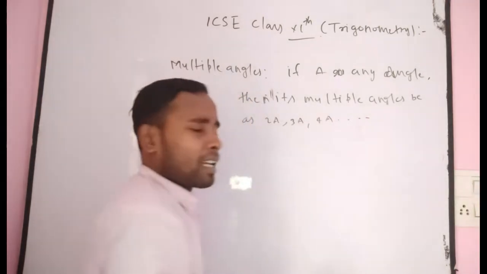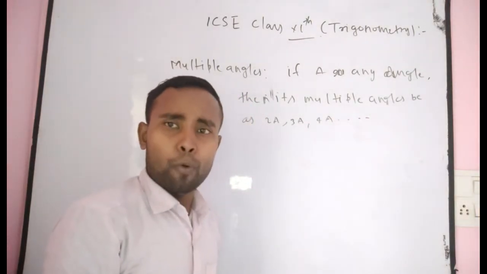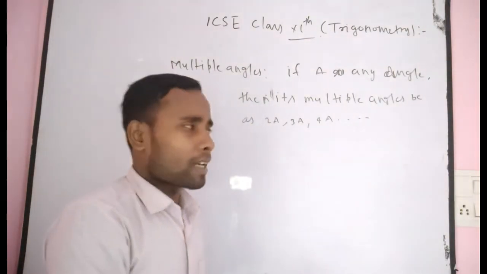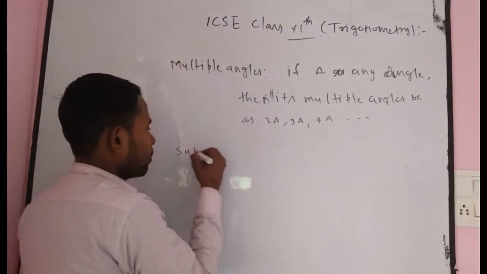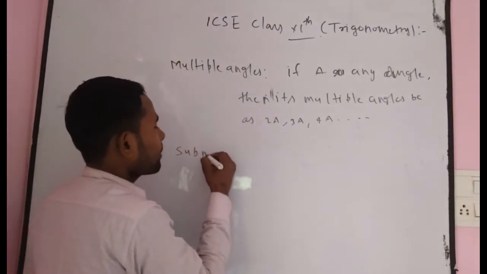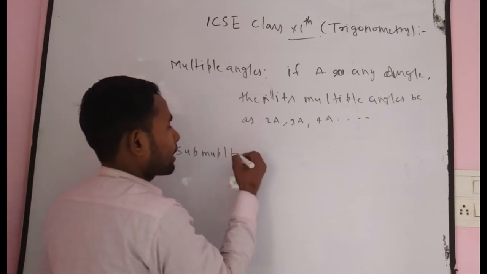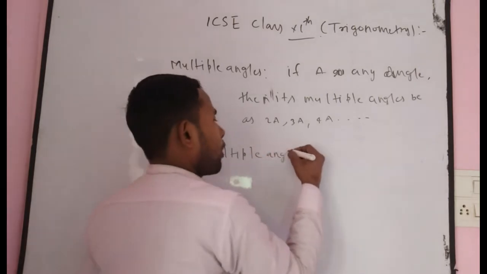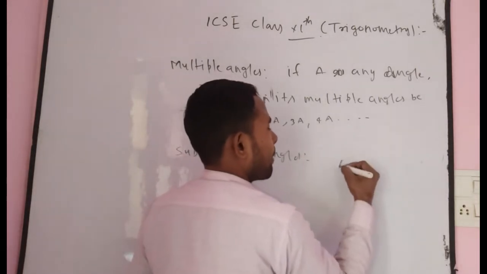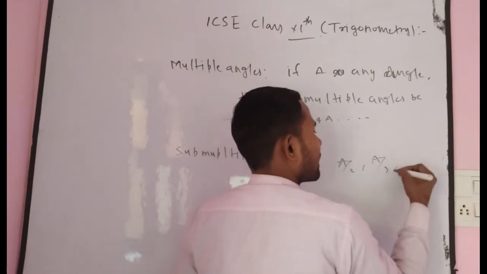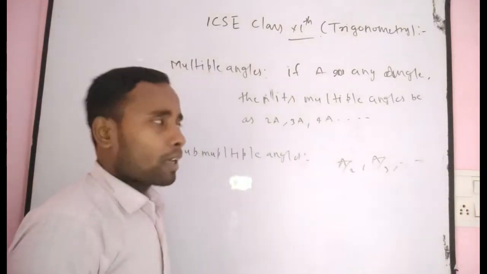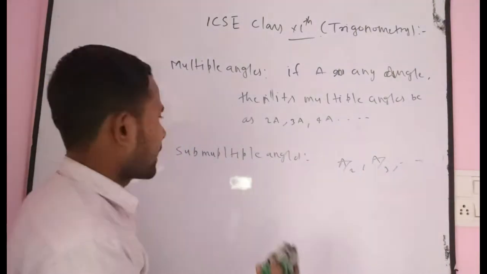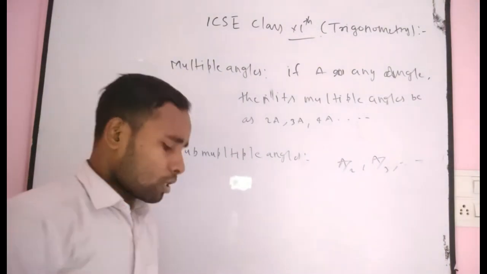If any angle is expressed as 2A, 3A, 4A, then you can say that the given angles are multiple angles. Similarly, for submultiple angles, A is replaced by A by 2, A by 3. I think you understand my goal.